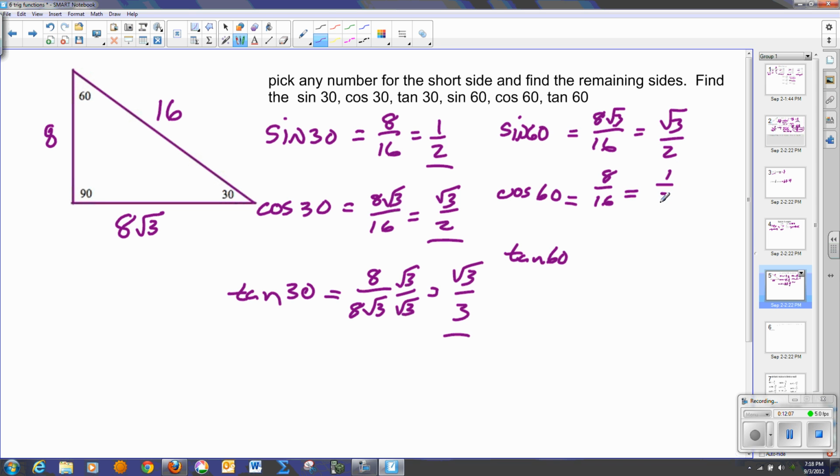It's a half. And the tangent of 60 is the opposite, which is 8 root 3, over the adjacent of 8, thus root 3. And once again, I would bet you got those three numbers regardless of what number you picked on this side. If you didn't get those three numbers, you probably made a calculation error.